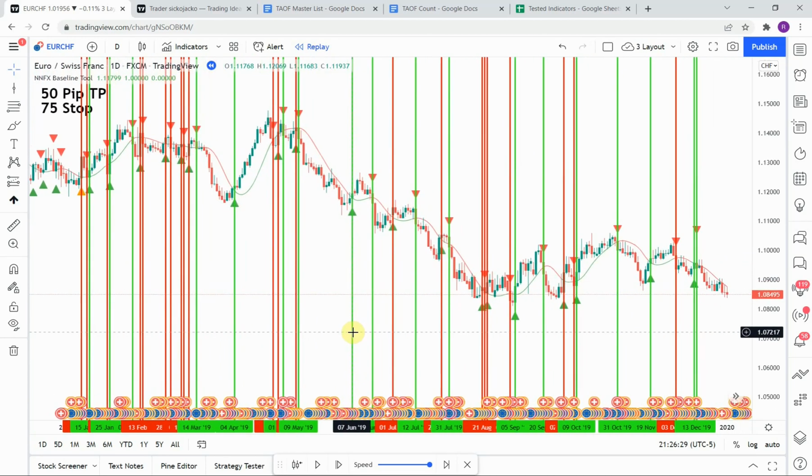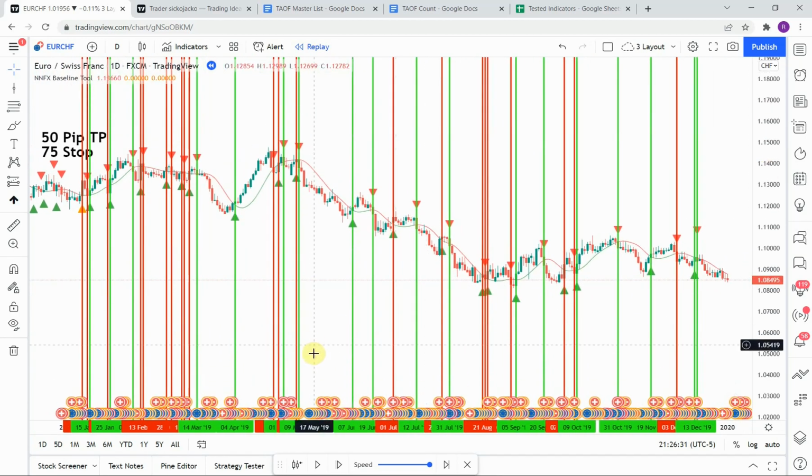Get everything in focus. There to there. Let's go ahead and count these out and see what we get out of it. So we have 1, 2, 3, 4, 5, 6, 7, 8, 9, 10, 11, 12, 13, 14, 15, 16, 17, 18, 19, 20, 21, 22, 23, 24, 25, 26, 27, 28, 29, 30, 31, 32, 33, 34, 35, 36, 37, 38, 39, and 40.